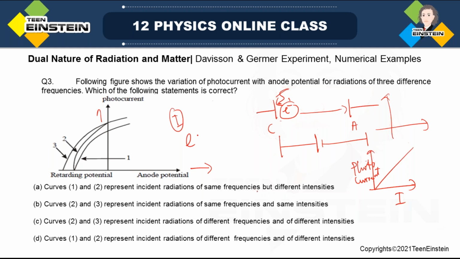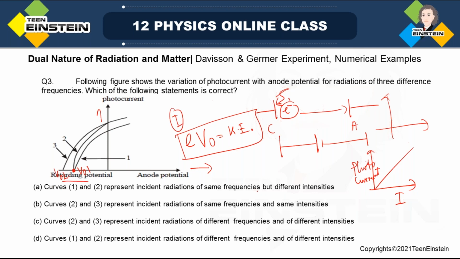And stopping potential eV0 is exactly equal to the maximum kinetic energy of the emitted electron. Now look at this figure. This is photocurrent, this is anode potential, and these are the stopping potentials. This is one stopping potential, suppose V01, and this is V02.